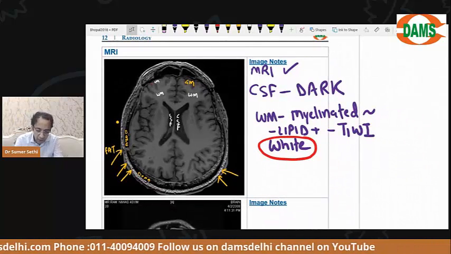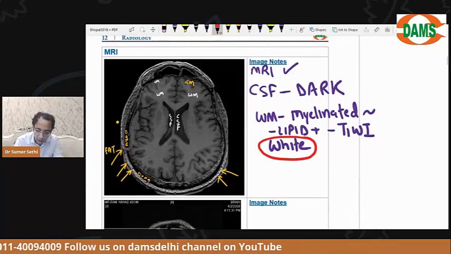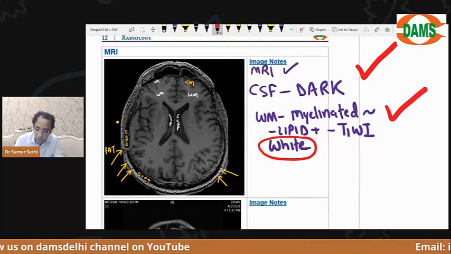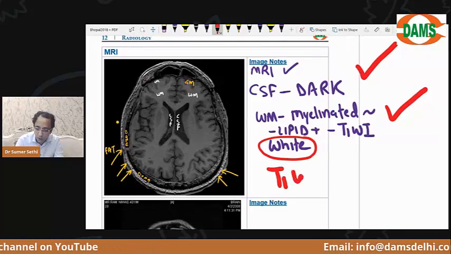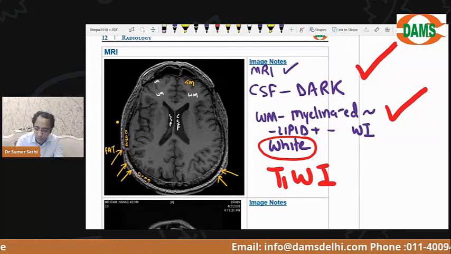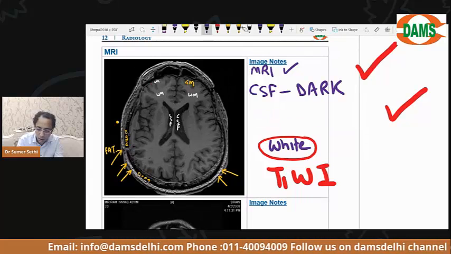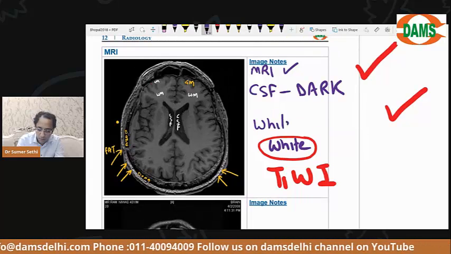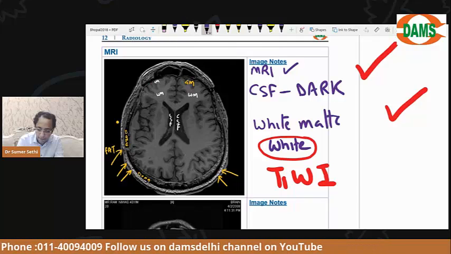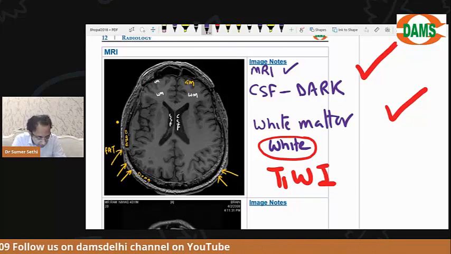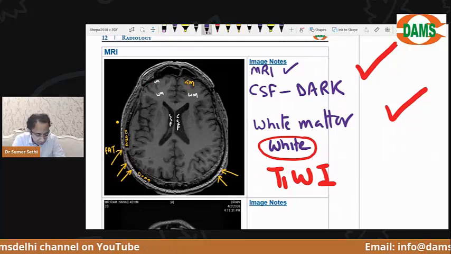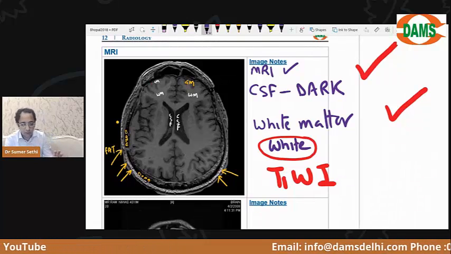So only two things I want you to remember are CSF is dark, white matter is white on a T1 weighted image. Okay, CSF appears dark, white matter appears white on a T1 weighted image.